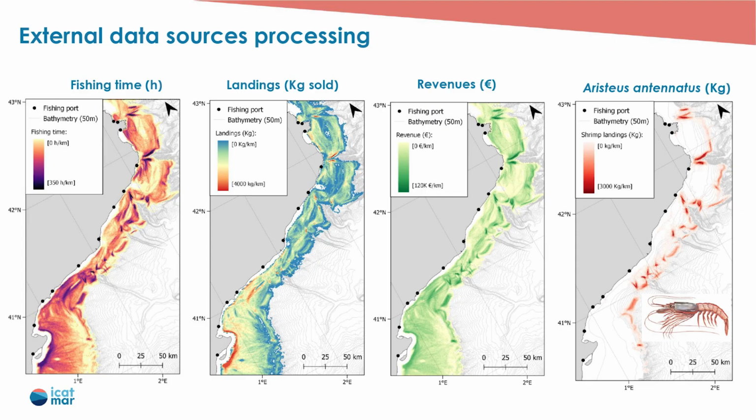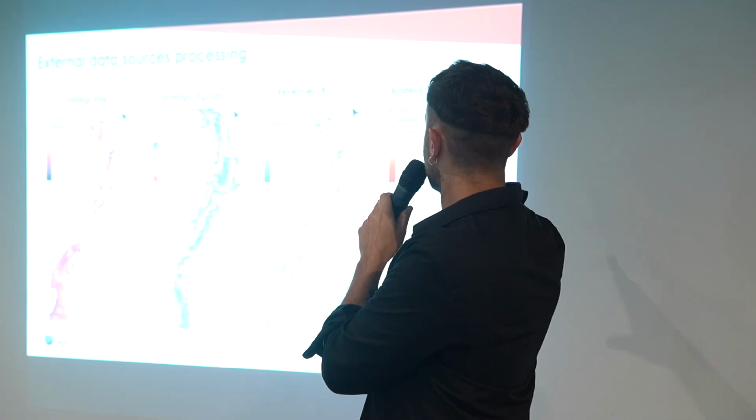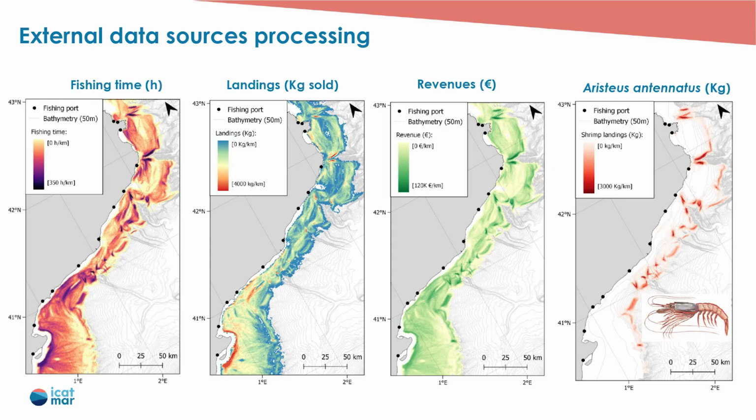And here we come back to our species example, the red shrimp. Here you can see the fishing grounds where this species is caught, and you can see the difference of this map with respect to the other ones, and how the distribution of this species is really different from all other species together.